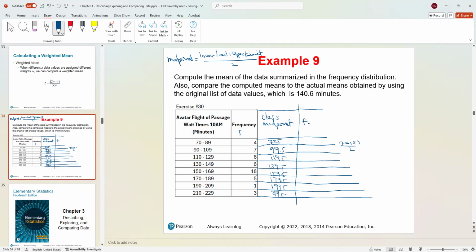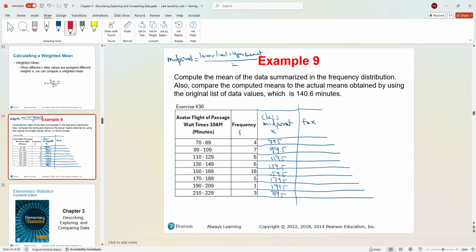I'm going to call the midpoint X. So I do the frequency times X.